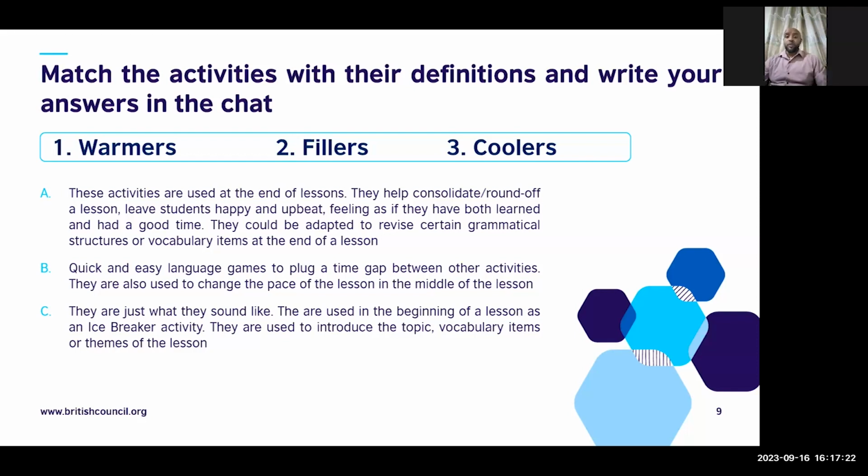And when it comes to fillers, fillers are quick and easy language games to plug time between other activities. They are also used to change the pace of the lesson in the middle of a lesson.